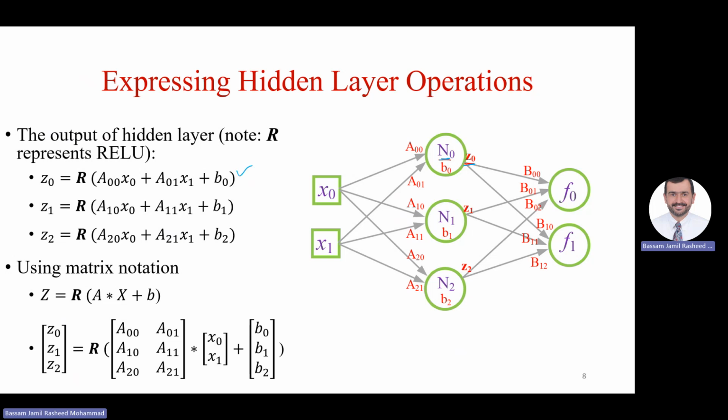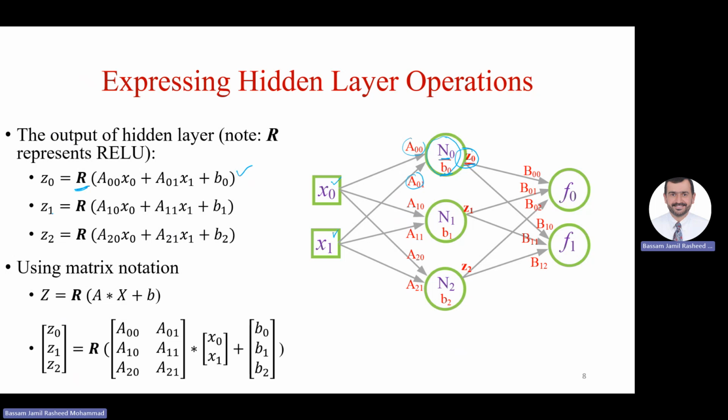We multiply the weight times the input X0, and the next weight times X1. These two weights feed to this node. Then we add the bias, then we apply the ReLU function, and then we produce Z0. We're assuming the ReLU function as the activation function.